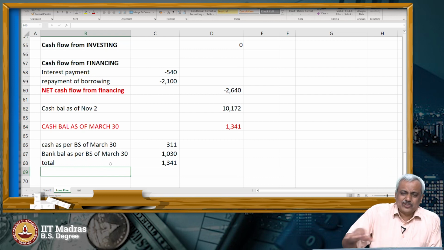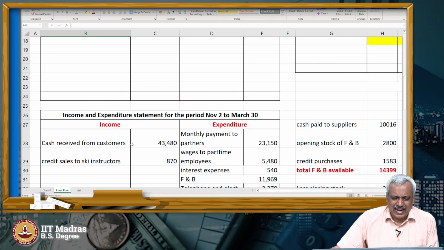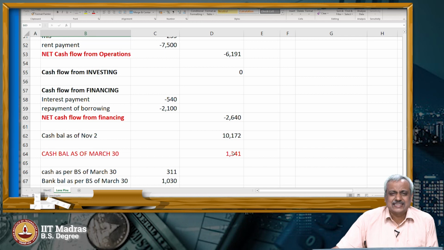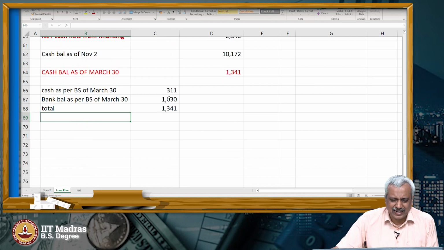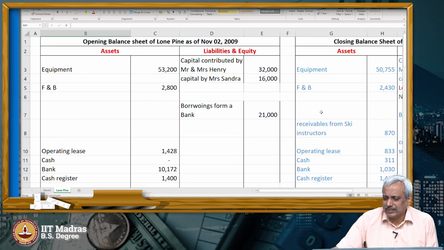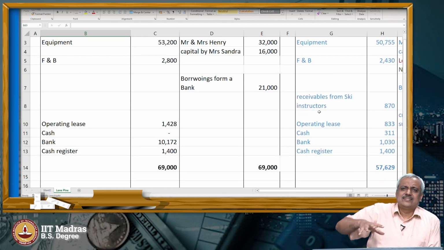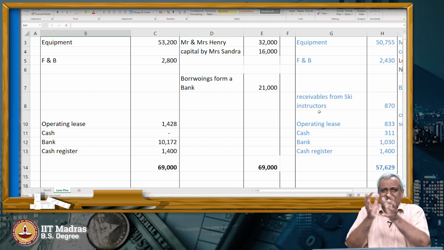So what happens? Your cash flow is correct. You started with opening cash, you had all these operating activities, I had all these financing activities, then this is the cash that is left and that is exactly what you see as the cash in the balance sheet. So you see cash flow statement, balance sheet and P&L all sitting in sync together.